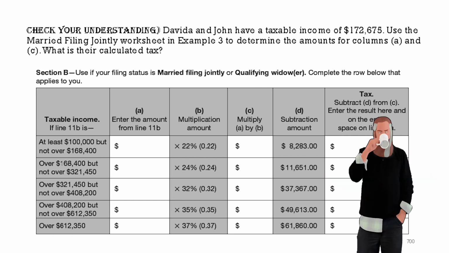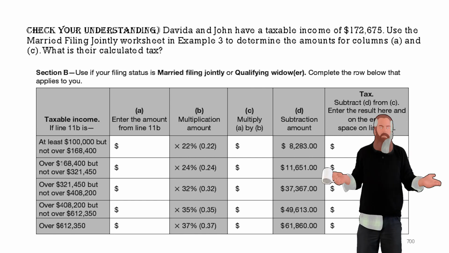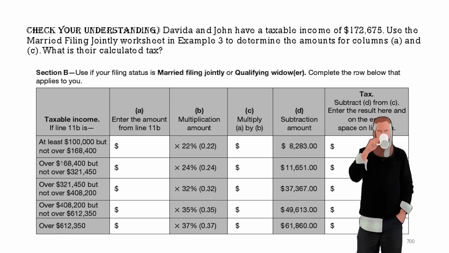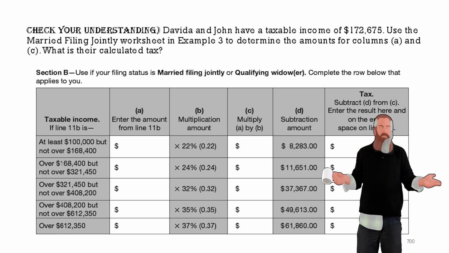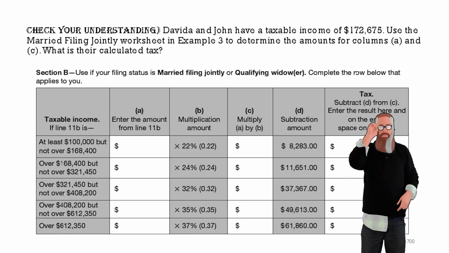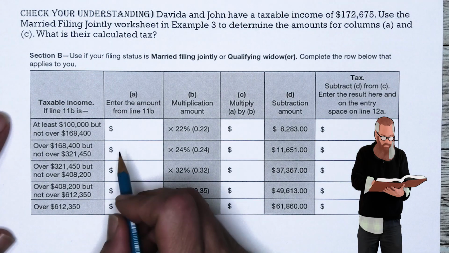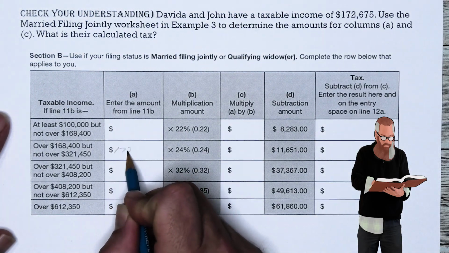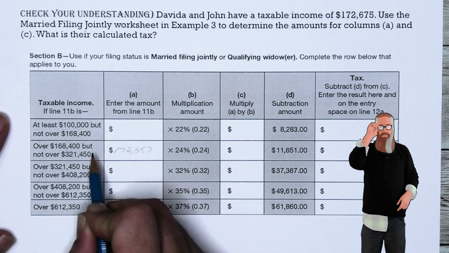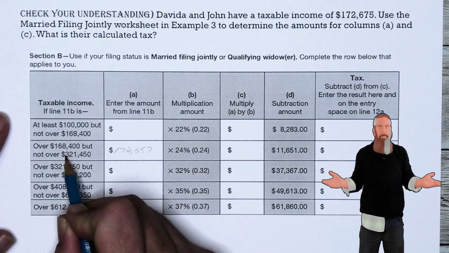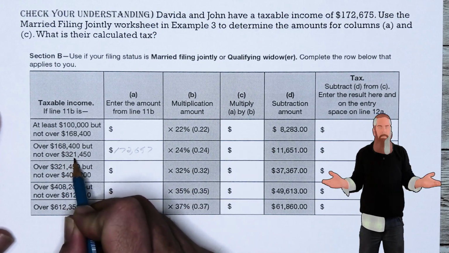Davida and John have a taxable income of $172,675. Use the married filing jointly worksheet from example 3 to determine the amount for columns A and C. What is their calculated tax? Well, we know that we're going to fill in the $172,675 in the line over $168,400, but not over $321,450.